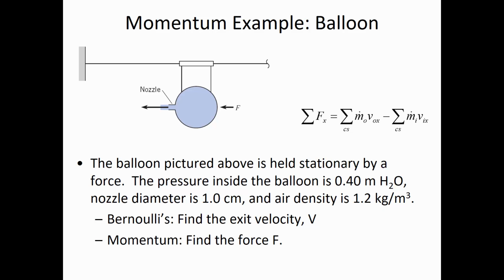So we can convert that to pressure in units that we're more familiar with by saying 0.40 meters of H2O times 9810 newtons per meter cubed. And that will give us a pressure at 1 of 3924 newtons per meter squared. Okay, so that's what the pressure is inside the balloon. And by the way, that's a gauge pressure. So that's relative to the pressure surrounding the balloon, because we've got atmospheric air on all sides surrounding the balloon.